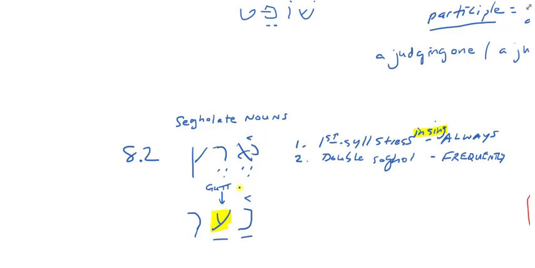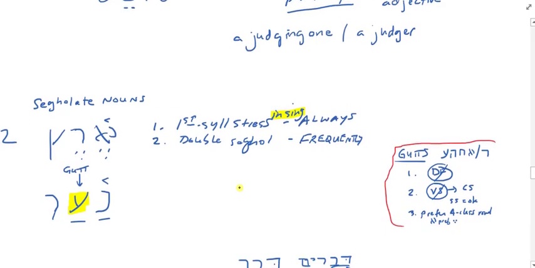Gutturals will take what instead? Compound shavas, right? Gutturals take compound shavas where they needed a vocal shava. And then thirdly, gutturals prefer A-class vowels, and Aleph likes segol if Aleph can get a segol. And I've written those characteristics down here.